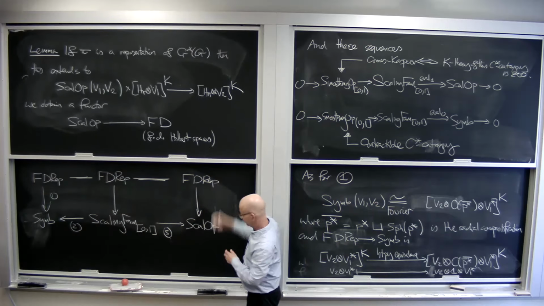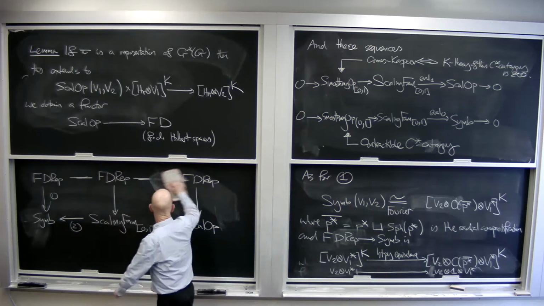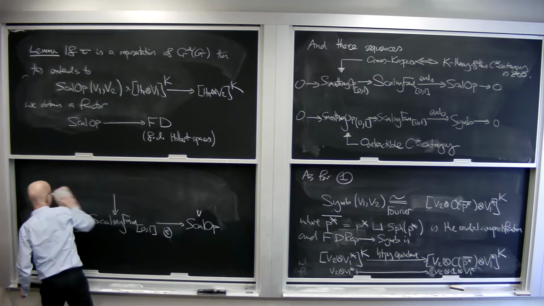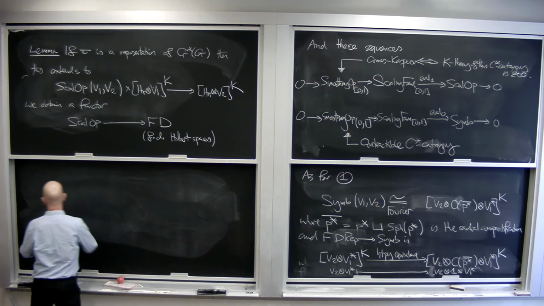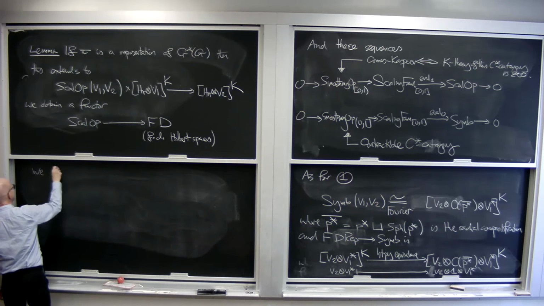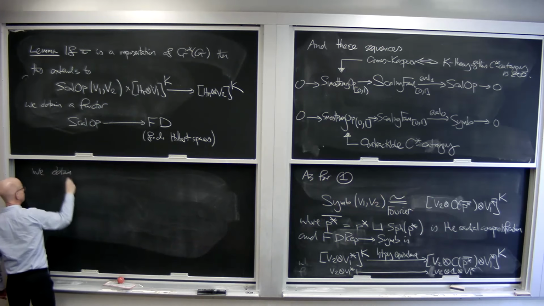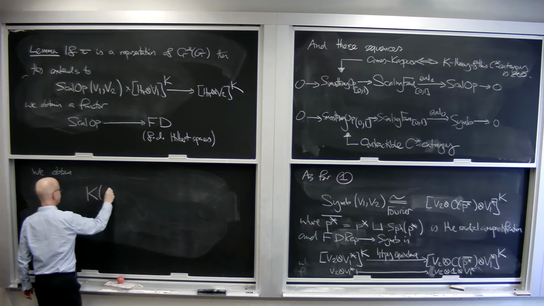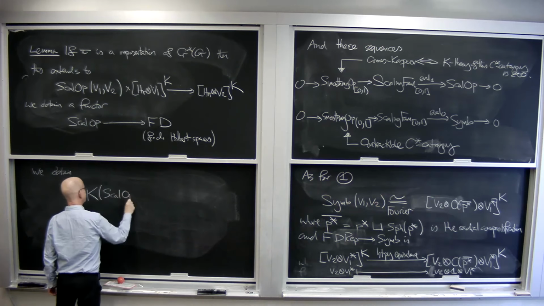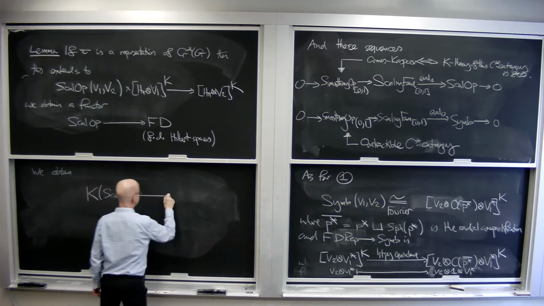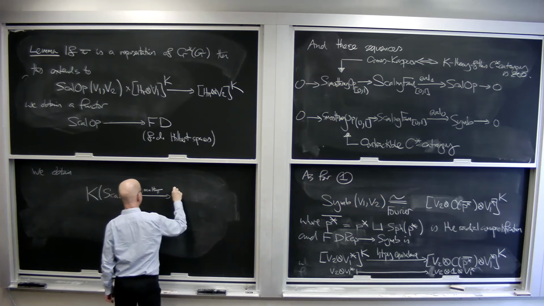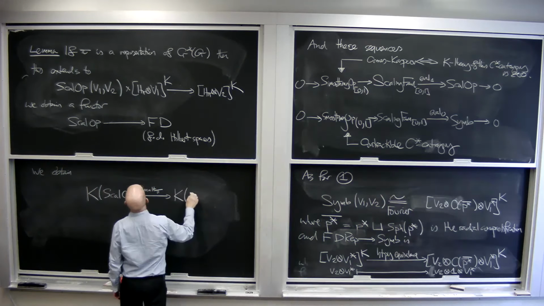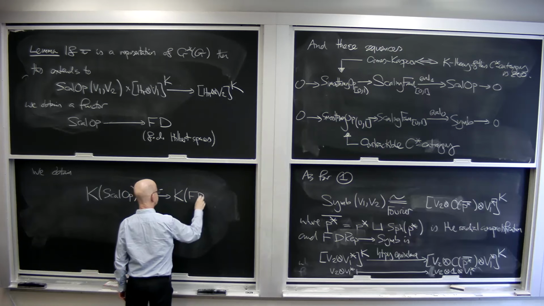And it fits nicely with this Kasparov-like story. So here's the K-theory of scalable operators. Let's call this map multiplicity of pi, to the K-theory of the category of finite dimensional Hilbert spaces.